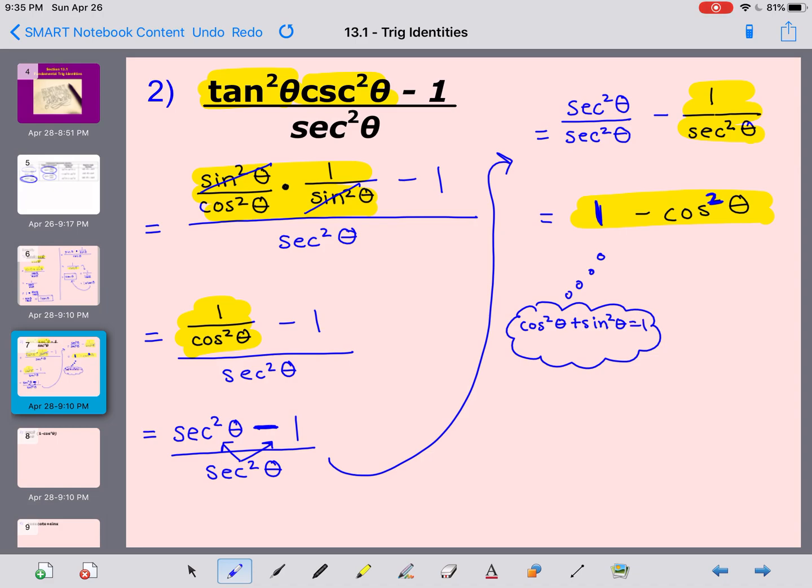If I rearrange this formula, just subtract cosine squared theta from both sides, I would have sine squared theta is equal to 1 minus cosine squared theta. And now I have that 1 minus cosine squared theta. So I can replace that yellow, 1 minus cosine squared theta, with sine squared theta. And this is my final answer.